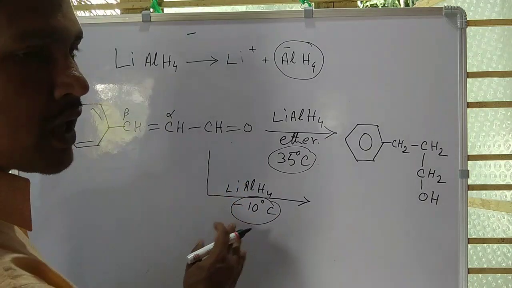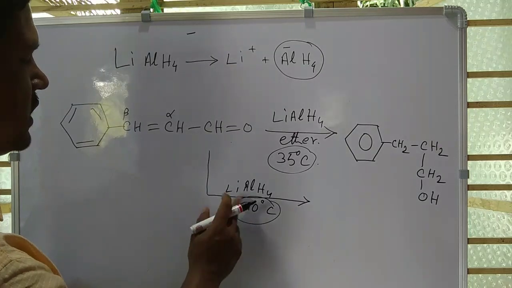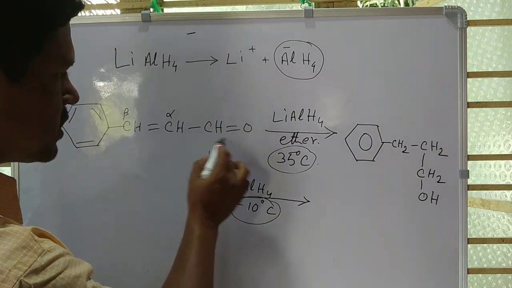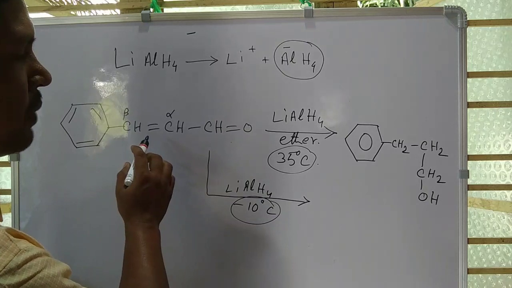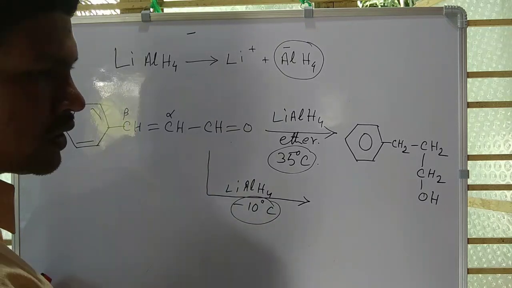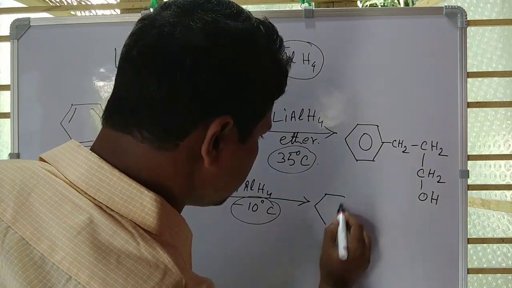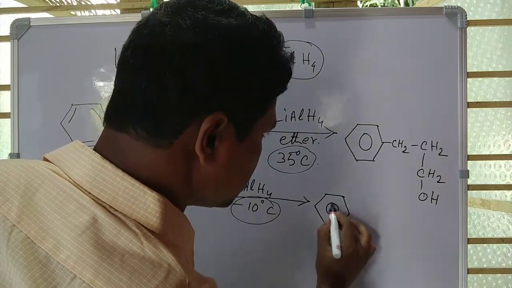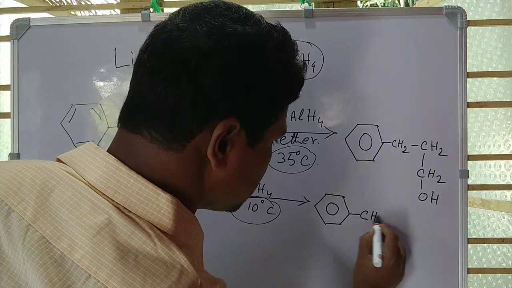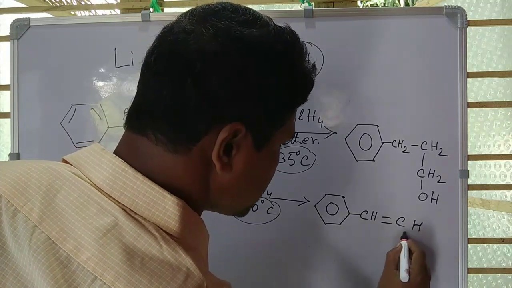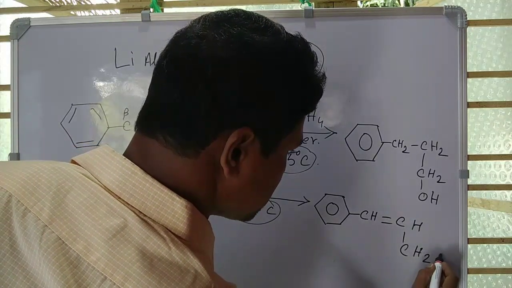Then selective reduction will occur. That means lithium aluminum hydride only reduces the aldehyde part, and the alpha beta conjugated double bond will not be reduced. So we get the product CH=CH, CH2OH.